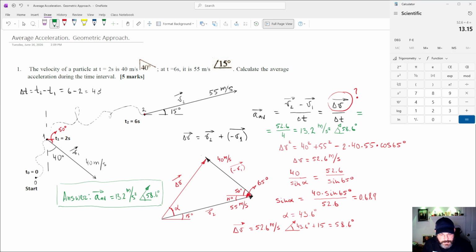Okay, so that's it. As you can see, it's relatively straightforward, and in the next video we are going to solve the exact same problem, but we will apply component approach.